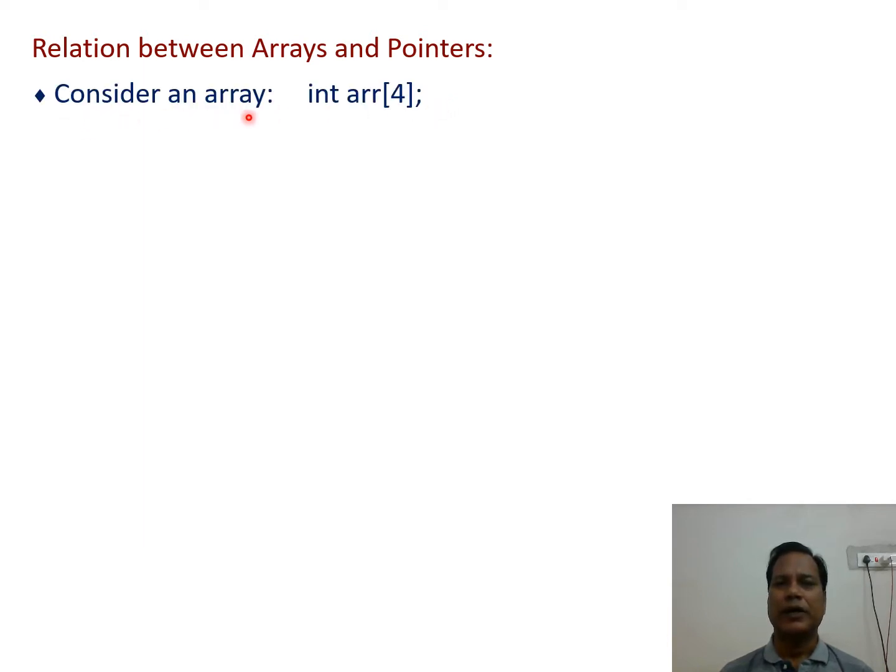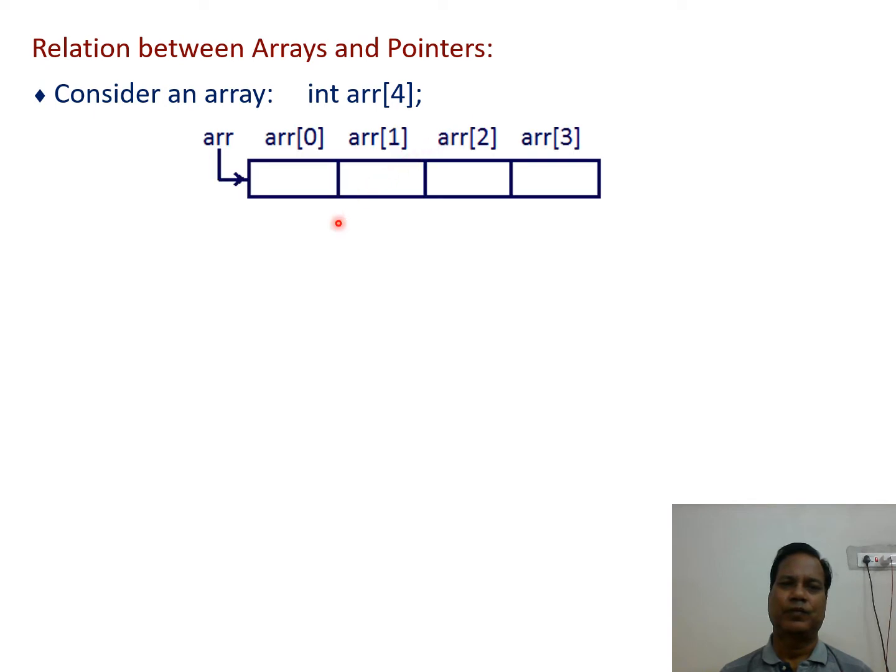Consider an array int r[4]; then we know that the elements of the array are stored in contiguous memory locations, and each element is addressed by its index number.